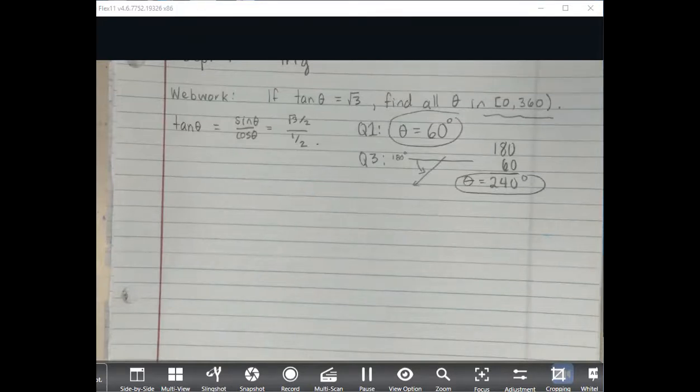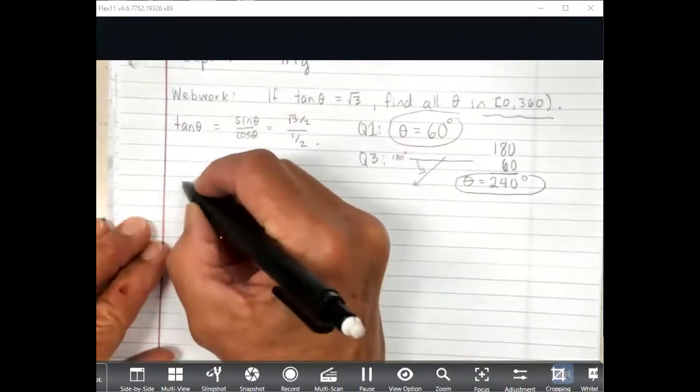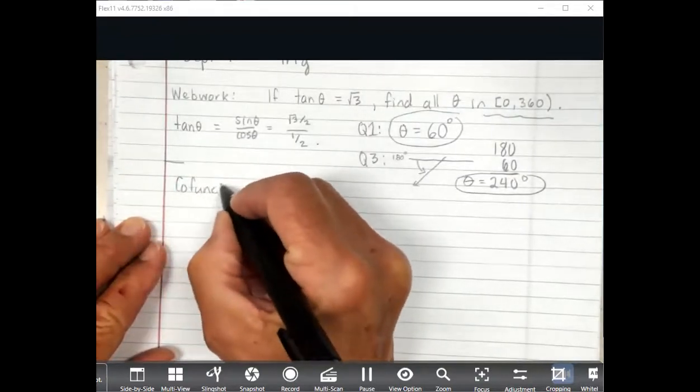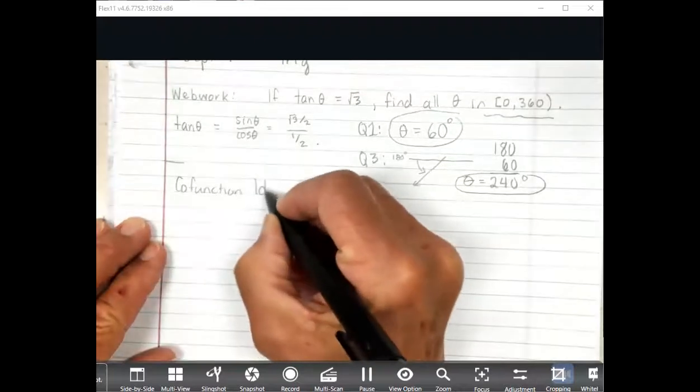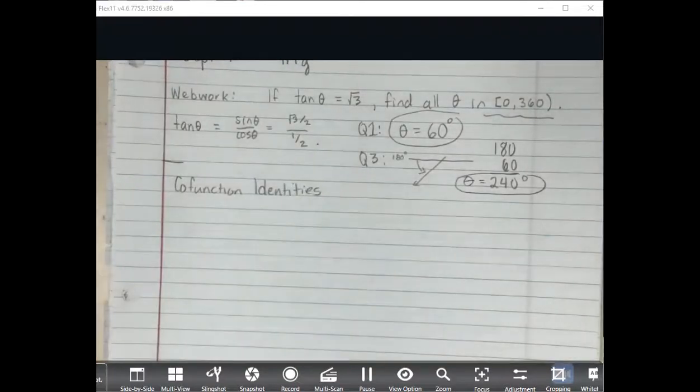Okay, so our cofunction identities, so again from WebWork, our cofunction identities relate the trig functions with the ones that have the word co at the beginning.